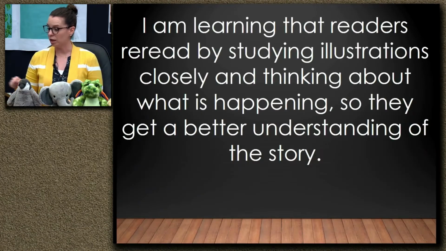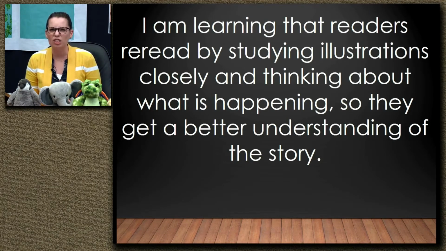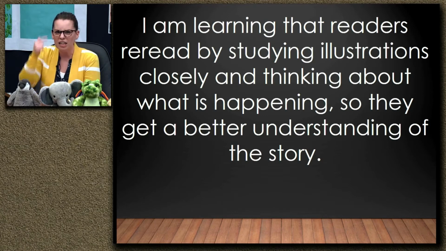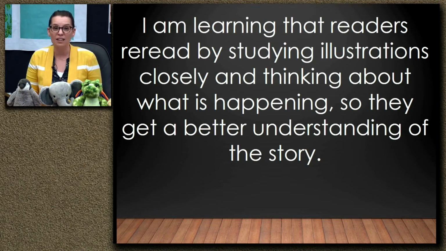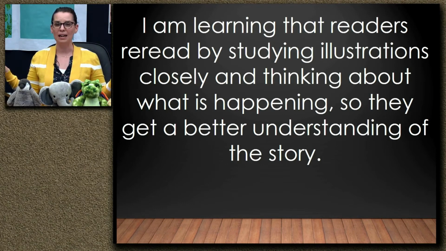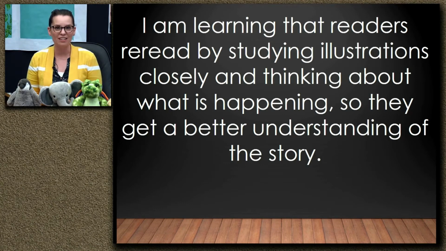Today, we are going to learn that readers reread by studying illustrations closely and thinking about what is happening so they get a better understanding of the story. What that means is you go back to a book that you've already read and you read it again by looking at the pictures and asking yourself, what is happening? And that gives you a better understanding to know what this story is about.